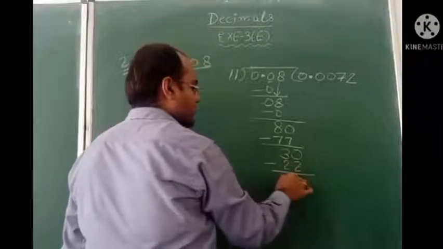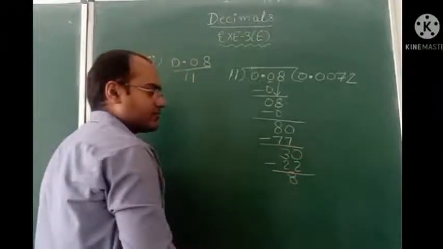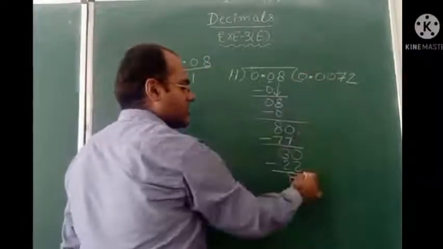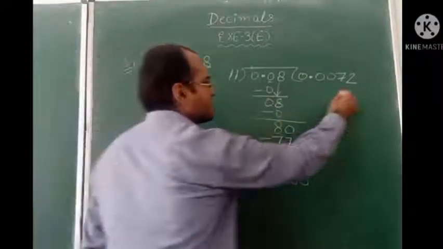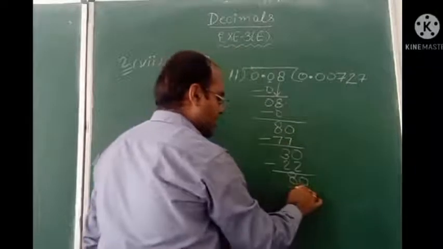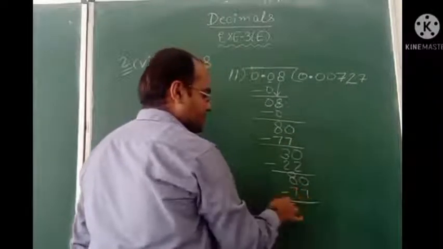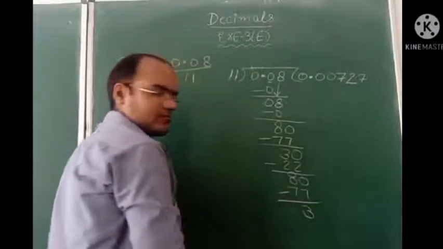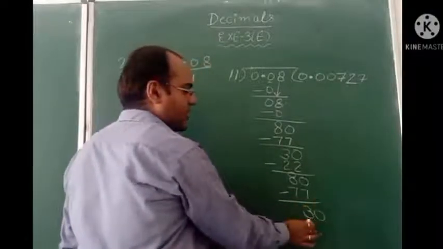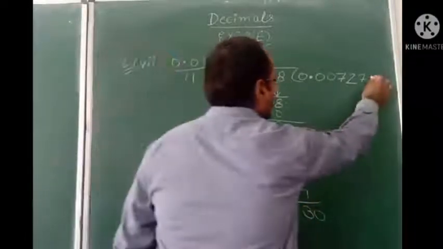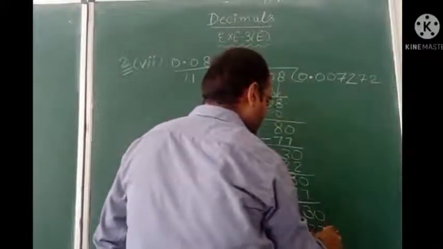On subtracting, remainder we will get 8. Decimal is already there in the answer, so we will add 10 in the remainder. This is 80. 11 7s are 77. Remainder is 3. Now we will add 10. This is 30 now. 11 2s are 22.